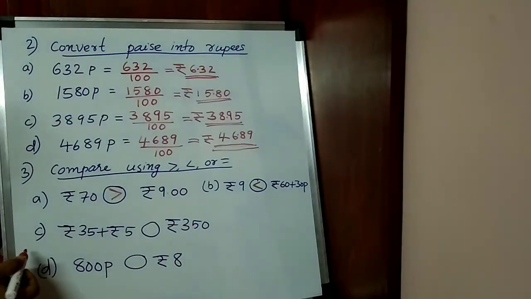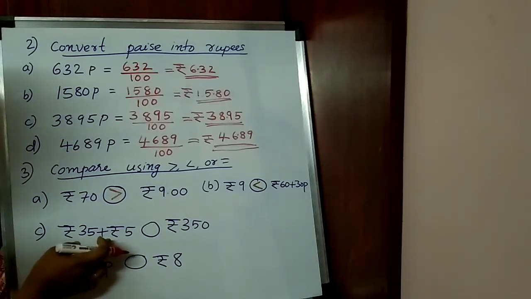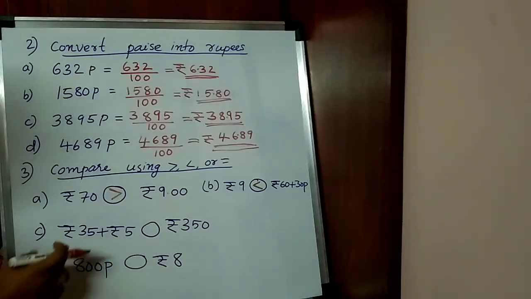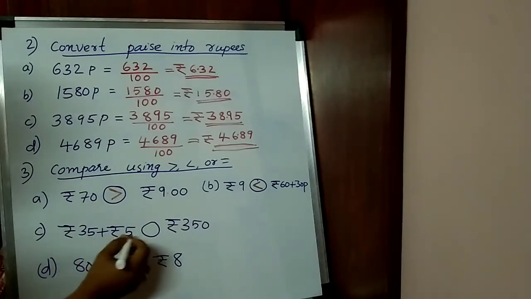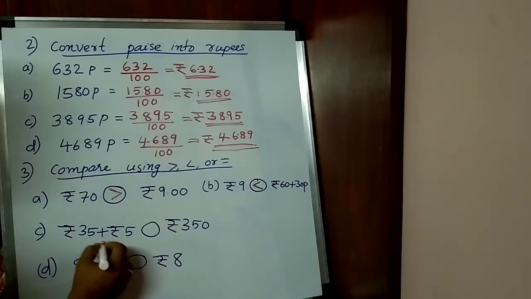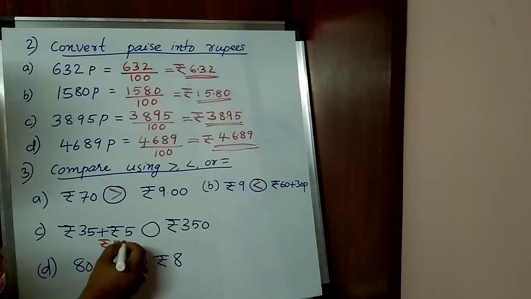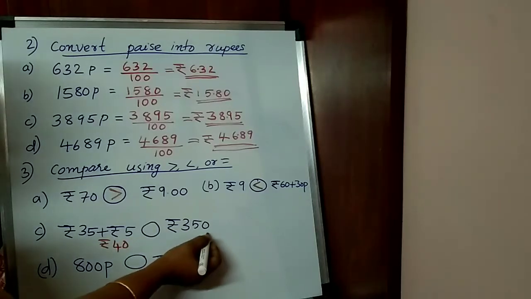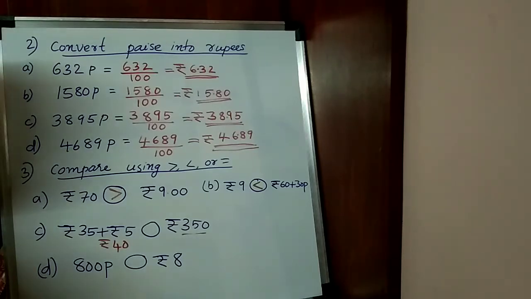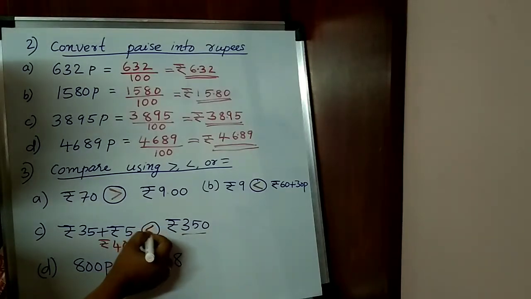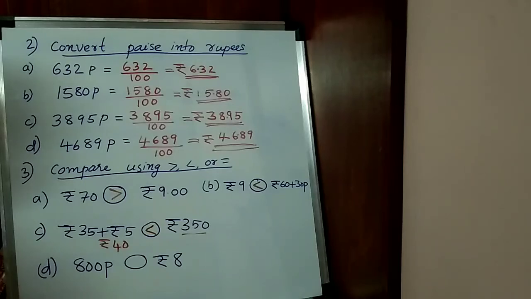Then question number C, rupees 35 plus rupees 5. Then what is rupees 35 plus 5? 35 rupees plus 5 rupees is rupees 40. This one is what? Rupees 350. So which one is greater? Rupees 350 is greater.